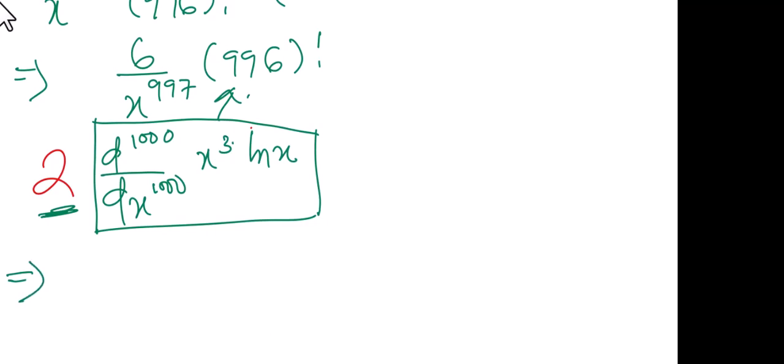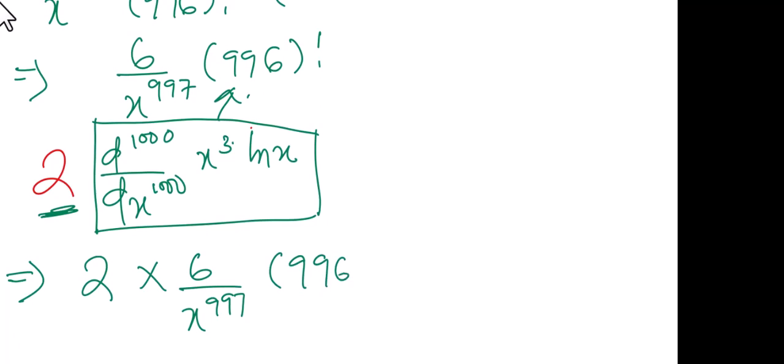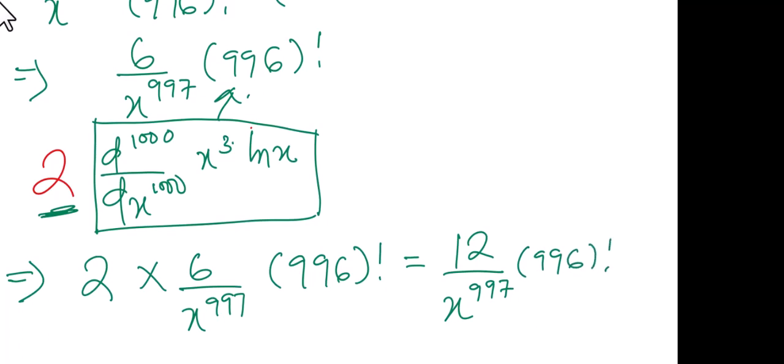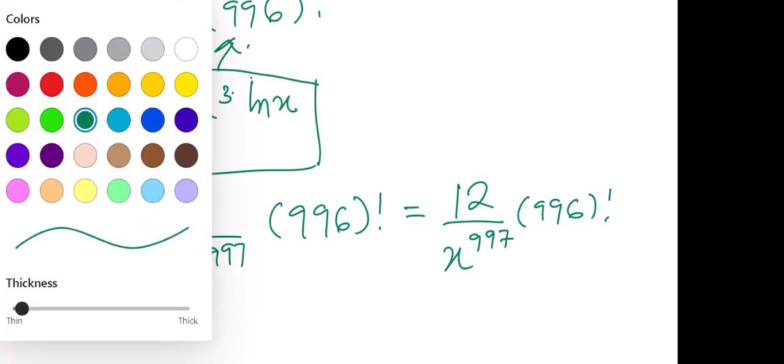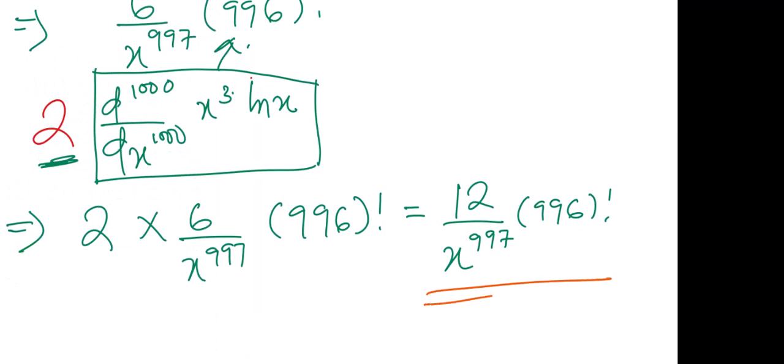Therefore we now have 2 times 6 all over x power 997 times 996 factorial, and this is equal to 12 over x power 997 times 996 factorial, and this is your final answer for the question.